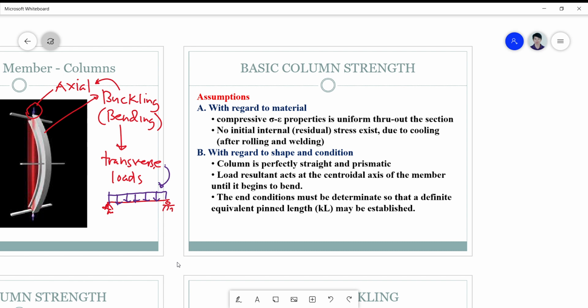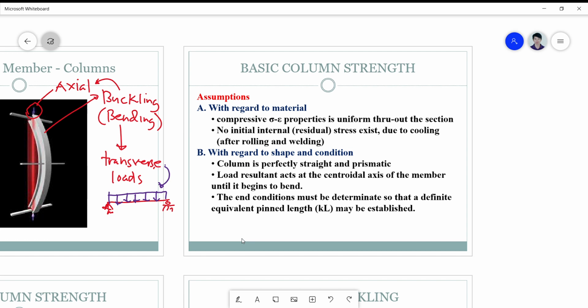So the basic column strength assumptions are here enumerated and categorized depending on the conditions set forth.